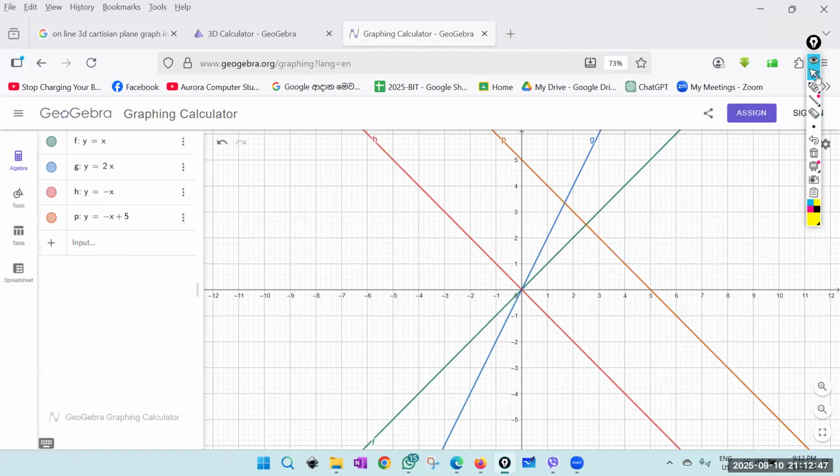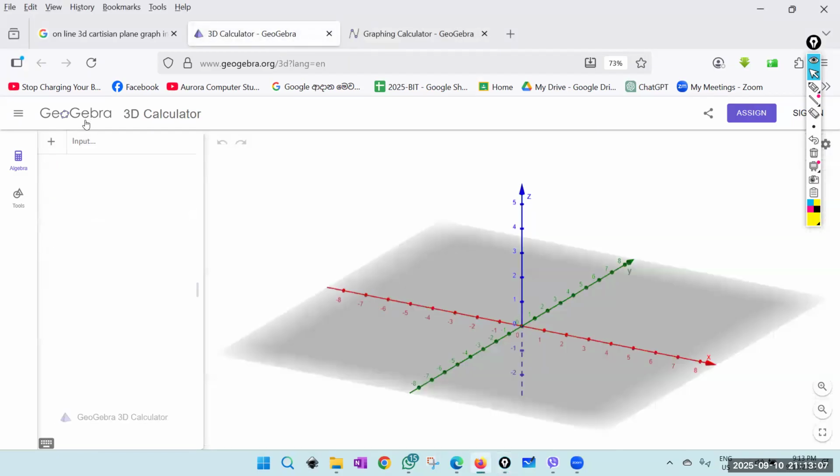Positive gradient? What is meant by higher gradient like x versus 2x? Right? X versus half x. Then you get your confidence. So now you must extend that confidence to 3 dimension.